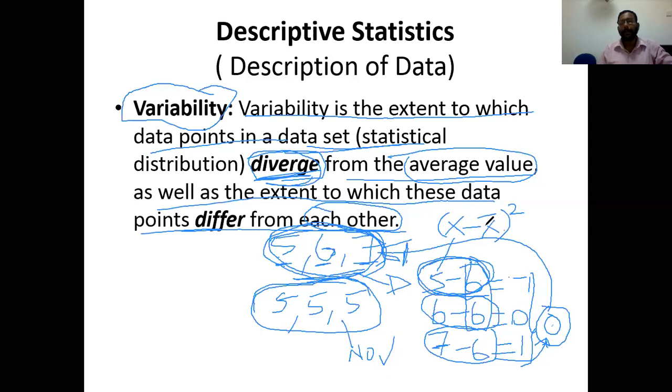Whether it is minus or plus, all will be squared. Once you square, no problem, because you don't get a zero value. Is it clear? So we square it to get the actual variability. We will talk about that a little later. To get rid of the value 0, we square it.